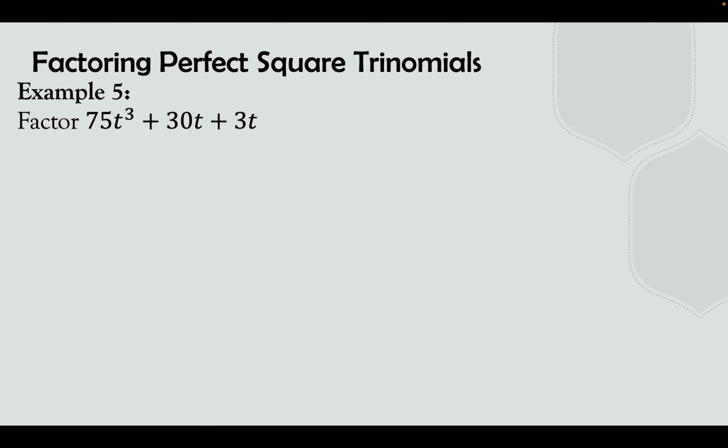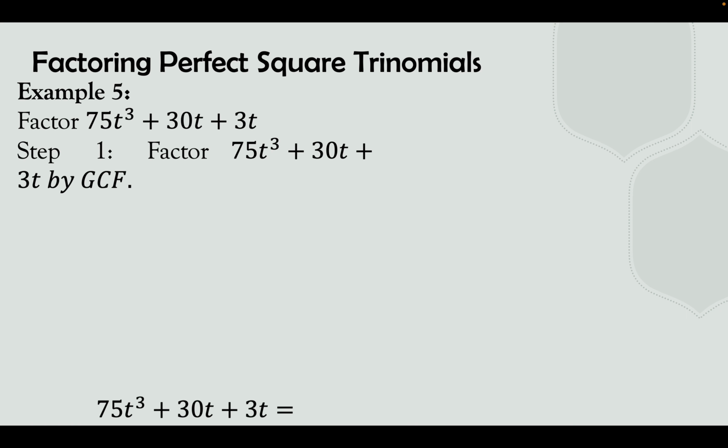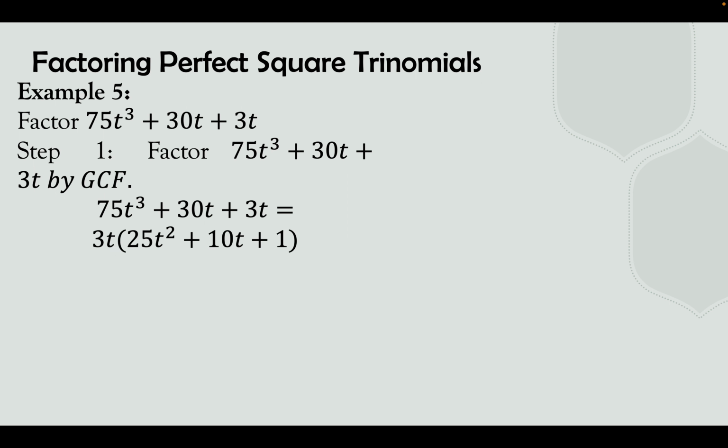Last example, example number 5. Factor 75t cubed plus 30t squared plus 3t. Now, same with example number 4, when you look at the given polynomial, you can say that the first term and the last term are not perfect squares. But then, each term has the same GCF, and that is 3t.